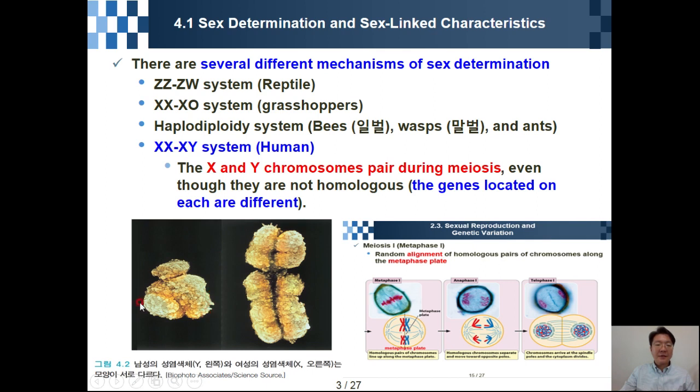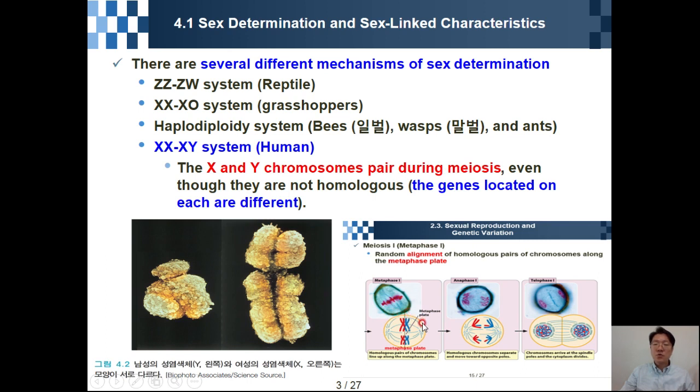So this is the X chromosome, this is the Y chromosome, and this is the X chromosome. They are totally different in size, but the Y and X chromosomes pair during meiosis. So this is meiosis 1, metaphase 1.